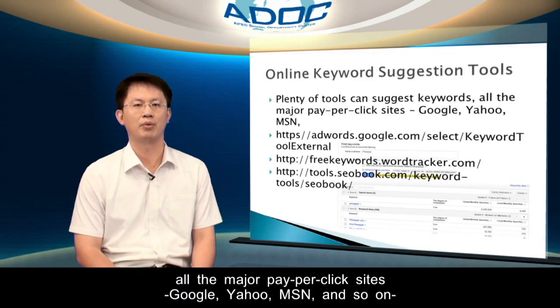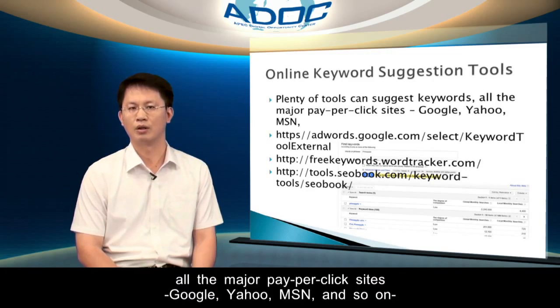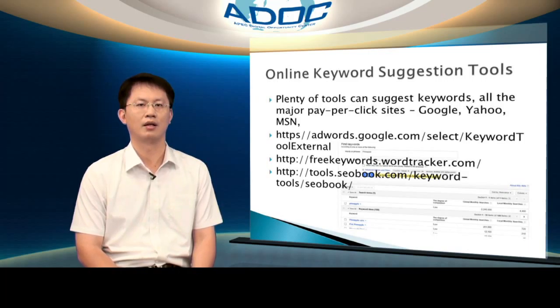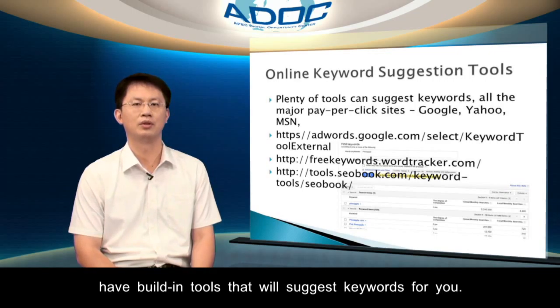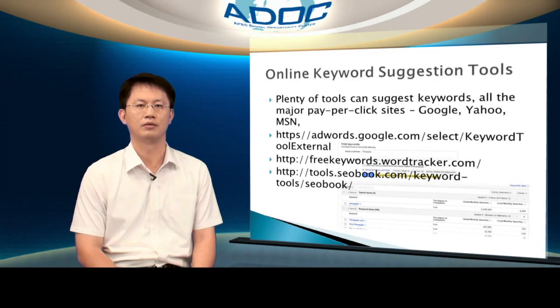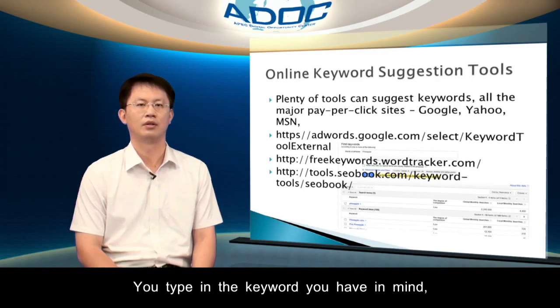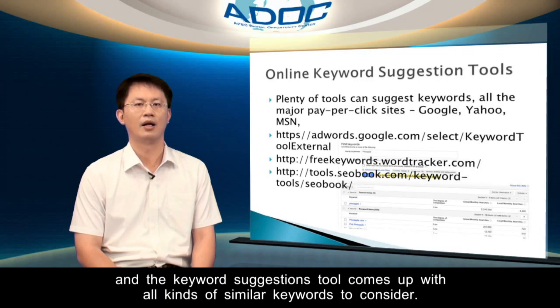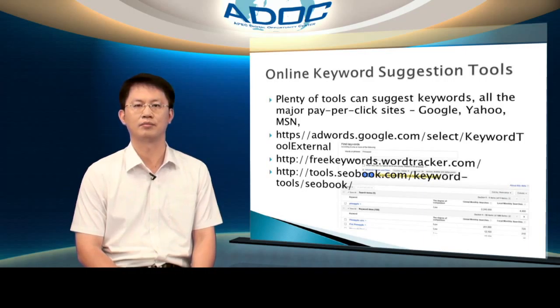All the major pay-per-click sites, Google, Yahoo, MSN, and so on, have built-in tools that will suggest keywords for you. You type in the keywords you have in mind, and the keyword suggestion tool comes up with all kinds of similar keywords to consider.